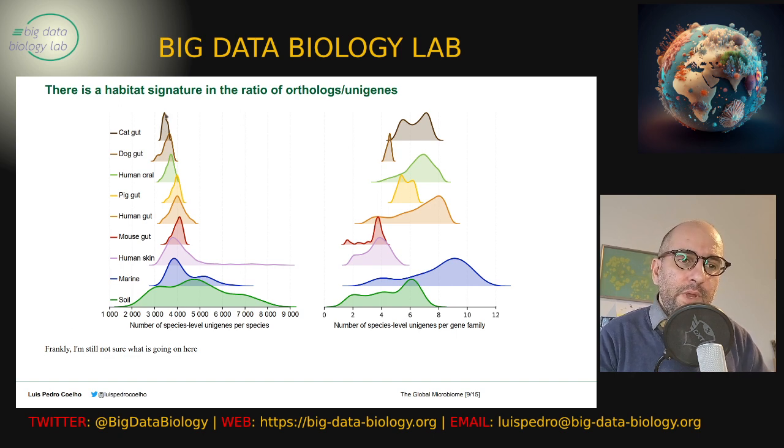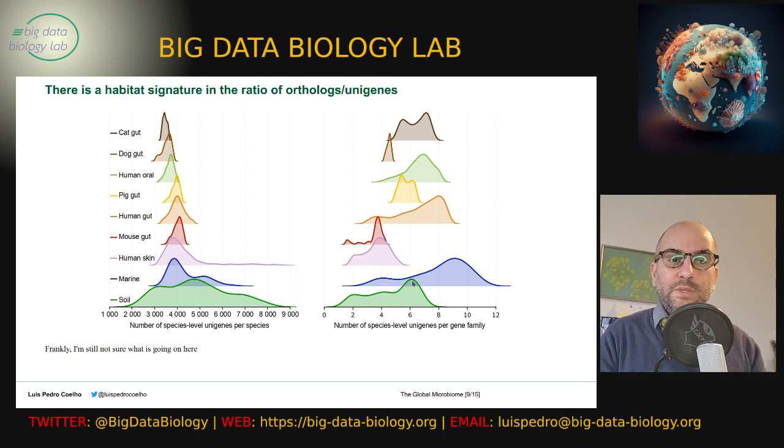But what I'm showing you is, if we look at a particular sample, how many unigenes do we have per species? So how big is the local pangenome on average in a sample, in a microbiome? As well as how many different species level unigenes do we have per gene family?